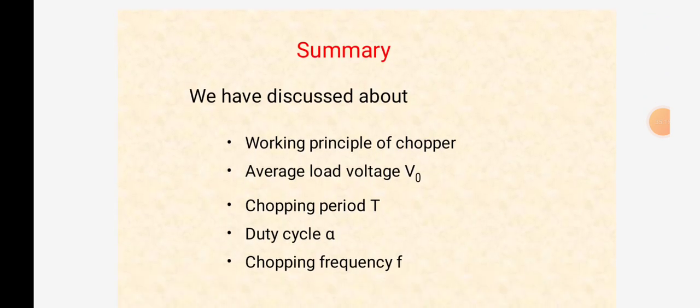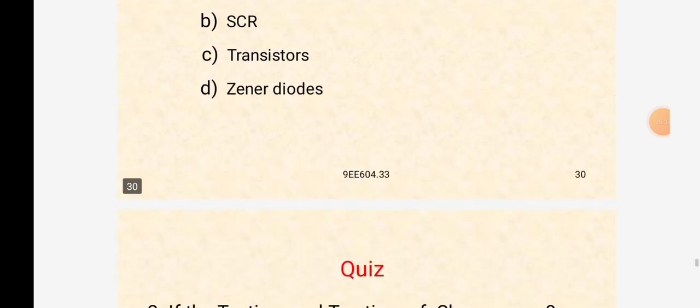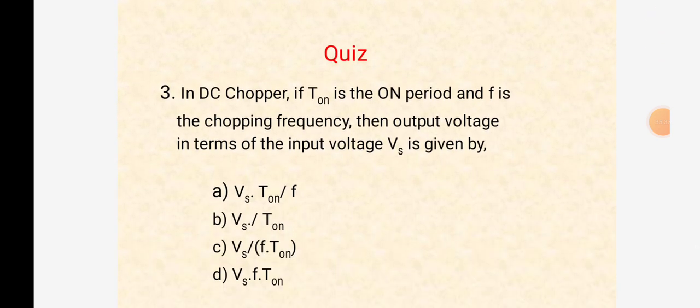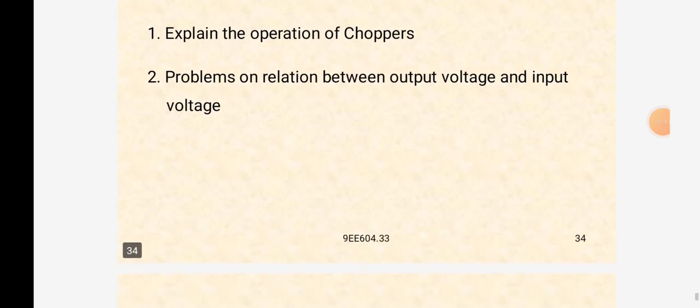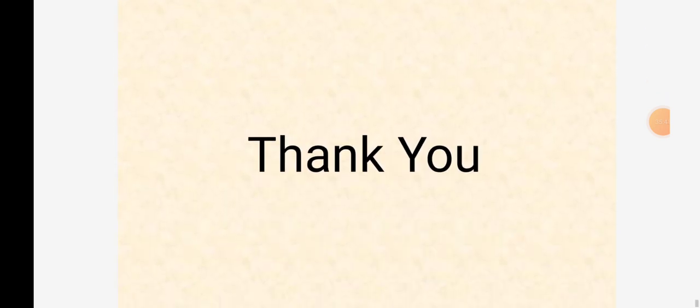Today we discussed the working principle of chopper, average load voltage V naught, chopping period T, duty cycle alpha, and chopping frequency F. Now we have a few quiz questions and frequently asked questions. So this is today's class. Next class we are going to discuss the classification of choppers.